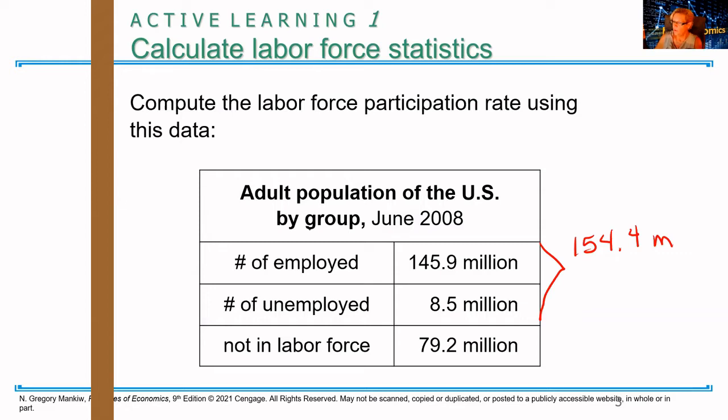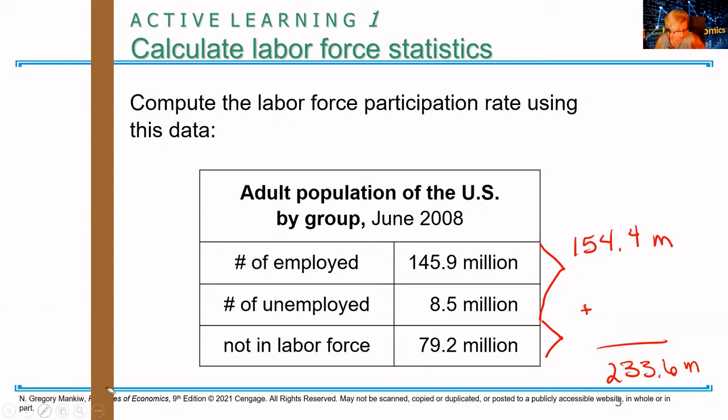Now what we're going to do is add the not in the labor force to the number that we've got for the labor force to get the adult population. So I'm going to add 79.2 to the 154.4, and that gives me a total of 233.6 million.